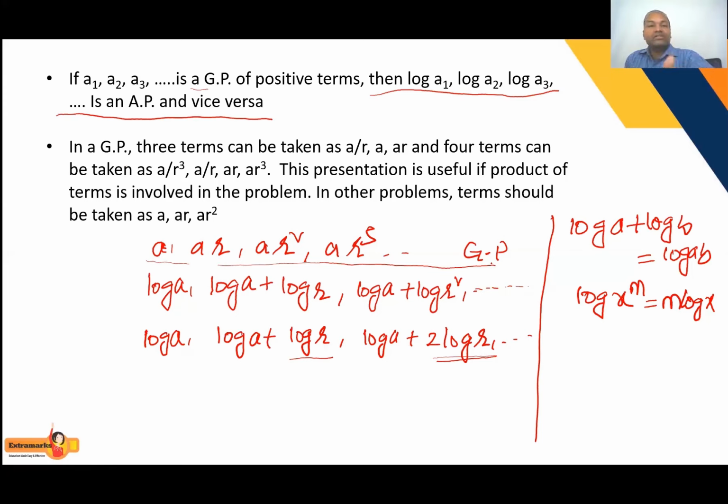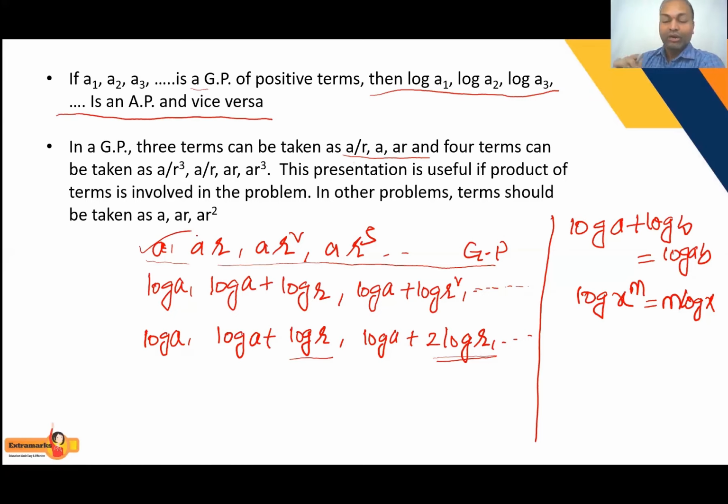Instead of taking these values, if the product is there, if you take the other form, in the first step only we can find out one unknown value. Calculations are easy. Suppose the product is not mentioned, at that time you take this only, A, AR, AR square, right?